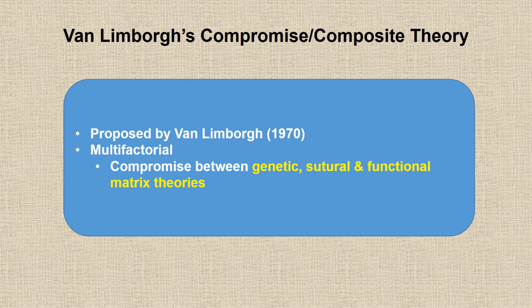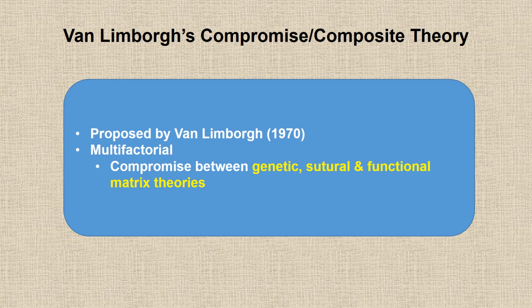Now, Van Limborgh's compromise or composite theory was proposed by Van Limborgh in the 1970s. It's multifactorial. Van Limborgh felt that there were some things acceptable in the genetic, structural, and functional matrix theories, and some things which were not correct.